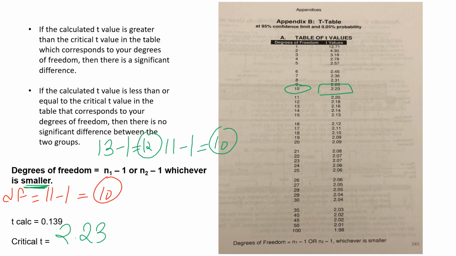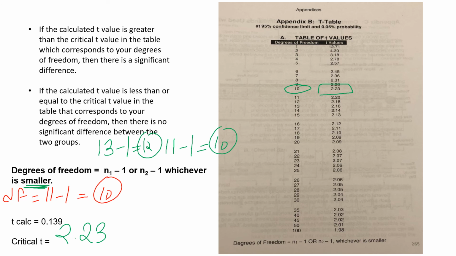Okay, so remember how we had two hypotheses? The null hypothesis is that you're not going to have any significant difference between the two means. And the alternative is you are going to have a significant difference. So the two rules state the following.